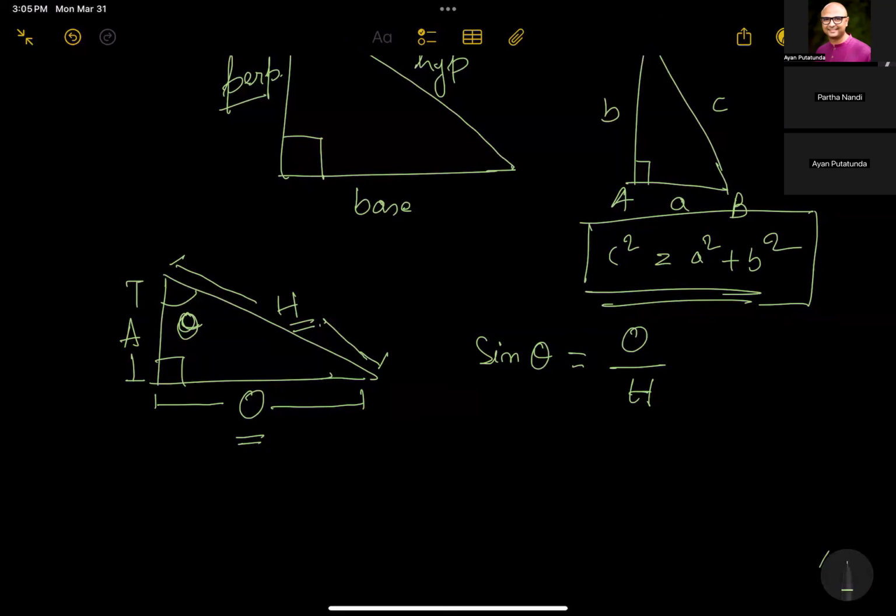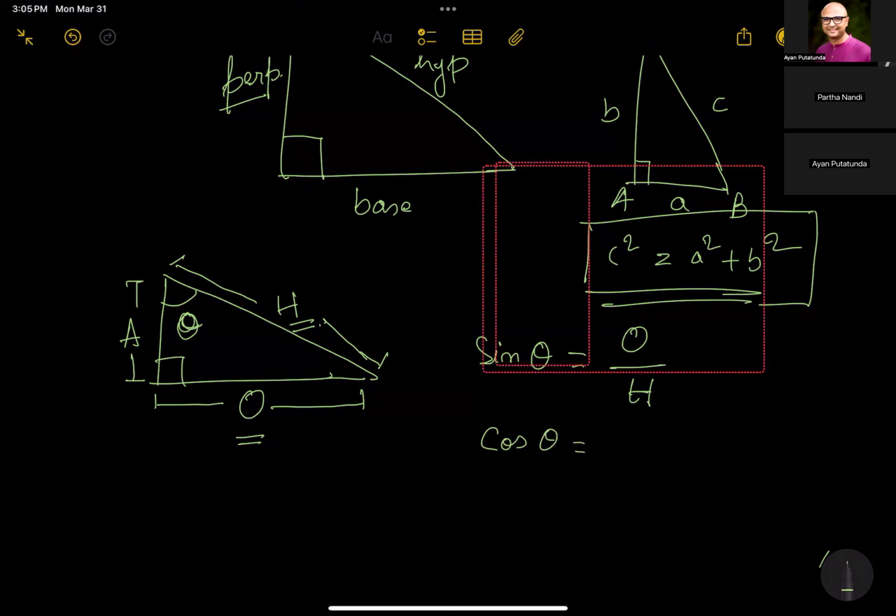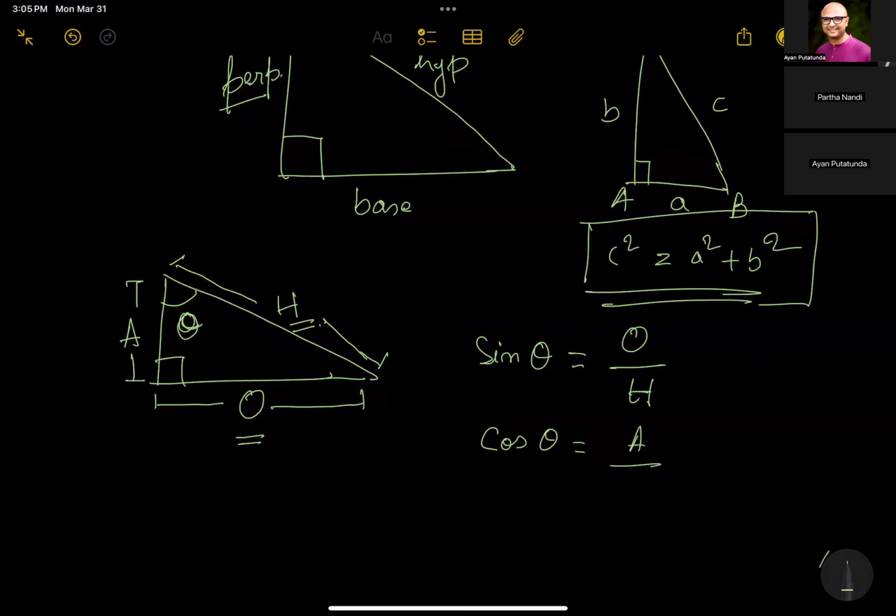So sine theta is the ratio of opposite by hypotenuse. The angle theta is between the two sides, adjacent and hypotenuse. Then if you similarly go to cos theta, what is cos theta? Cos theta is nothing but adjacent by hypotenuse.